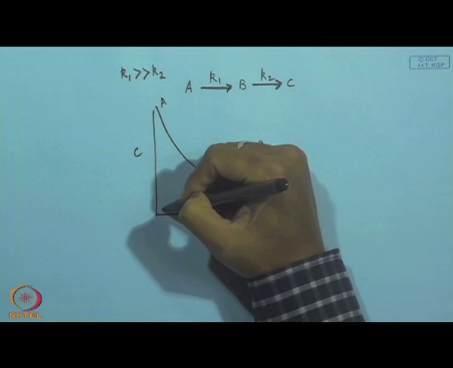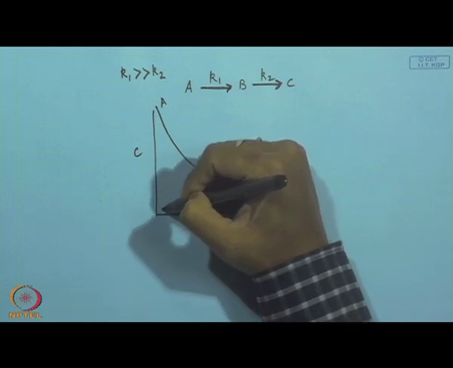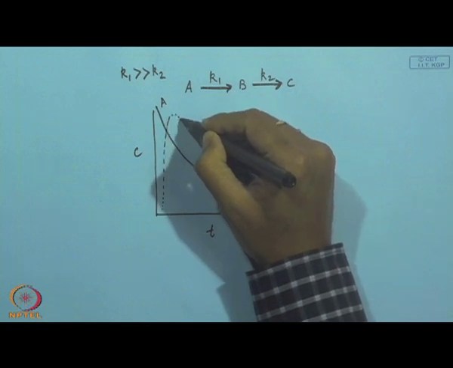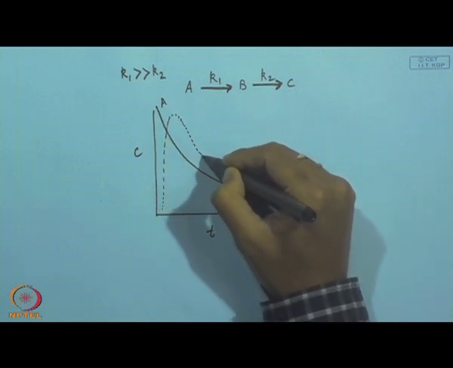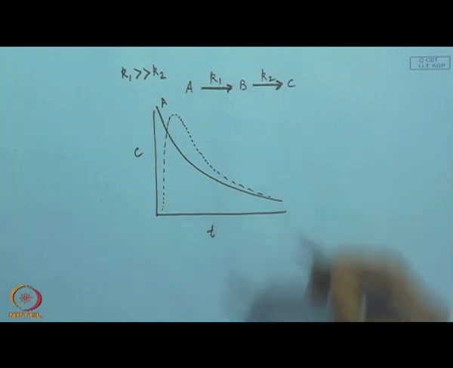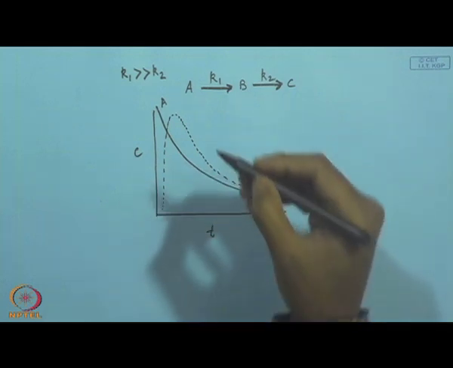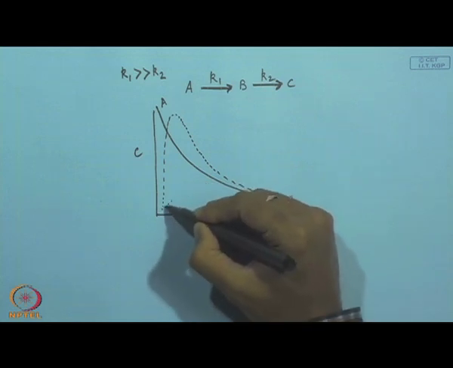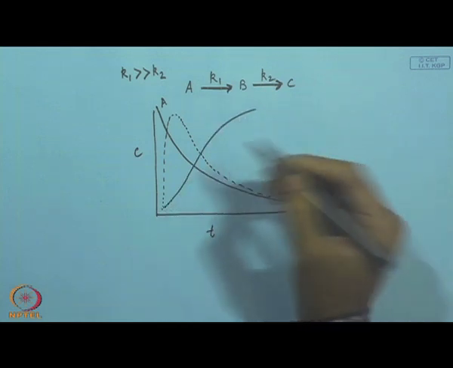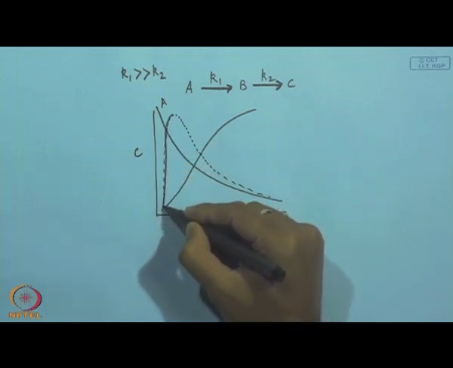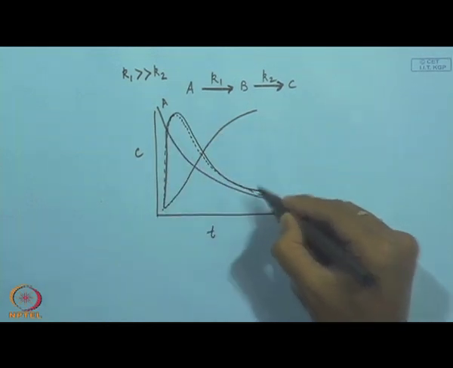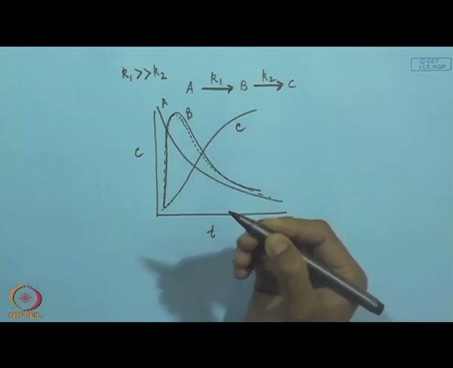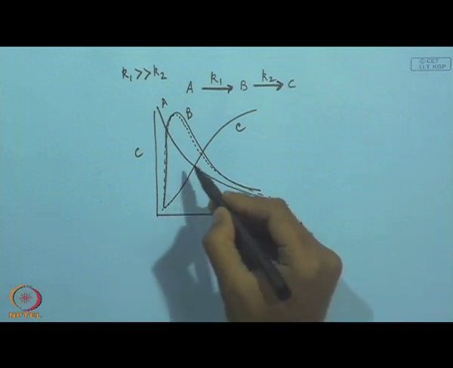and this maximum will be near this axis. Eventually, it will decay, and this one will be something like this. So, this is your B and this is C. Okay. So, why is it like this?